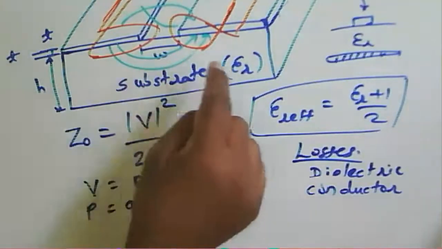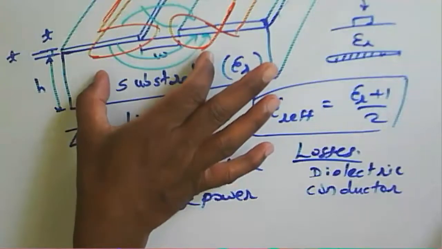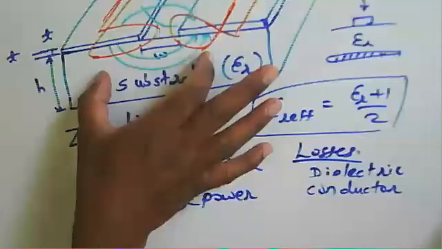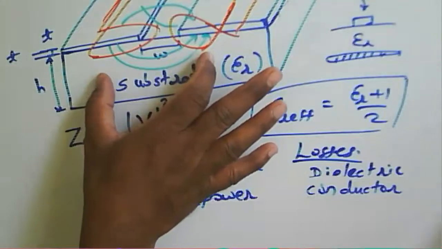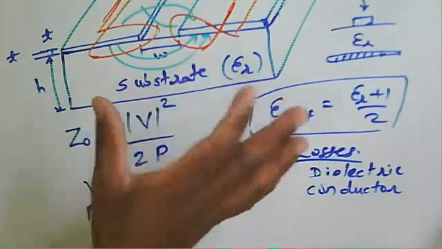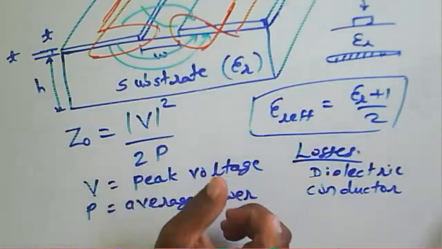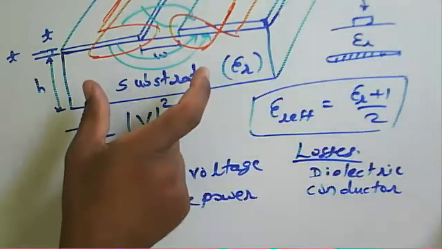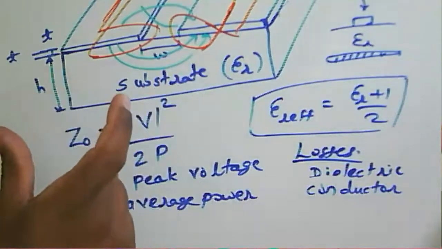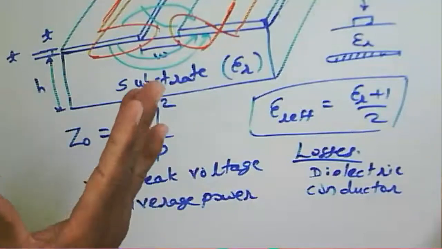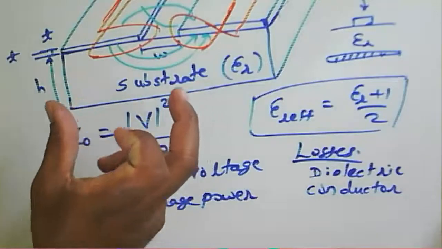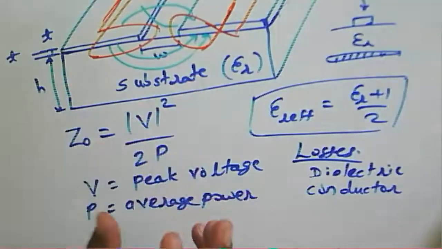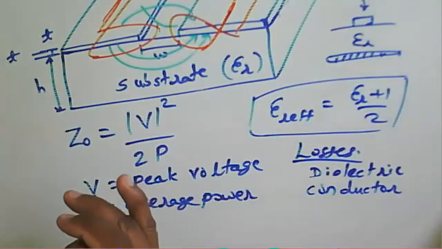Because whatever the substrate we are using, if it is perfect, then dielectric losses will be zero. But substrates are not perfect, so with imperfect dielectrics, or lossy substrates, in that case there will be a dielectric loss. And due to these dielectric losses, we get the propagation constant value, gamma, that will be complex.